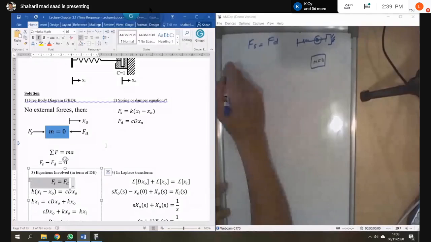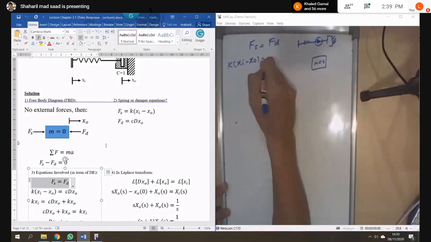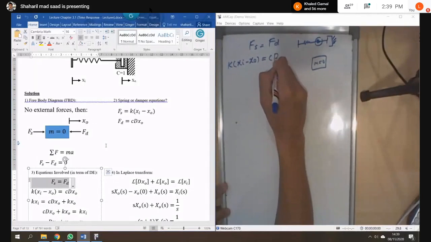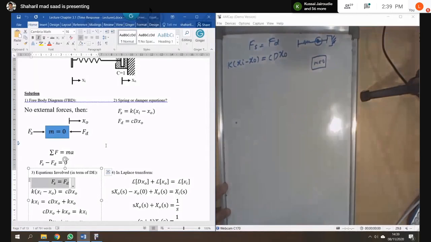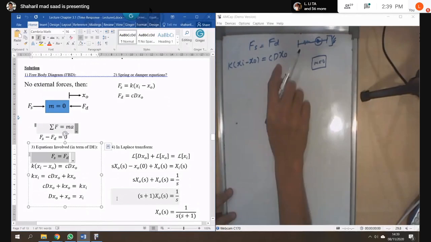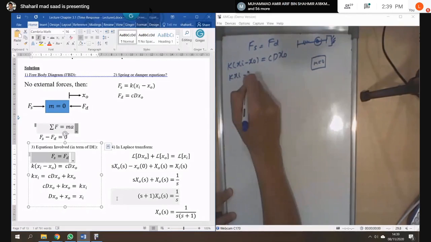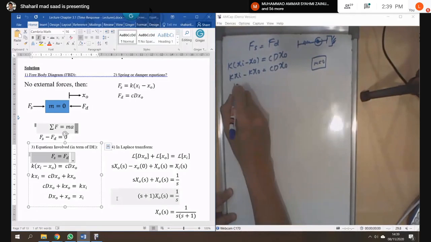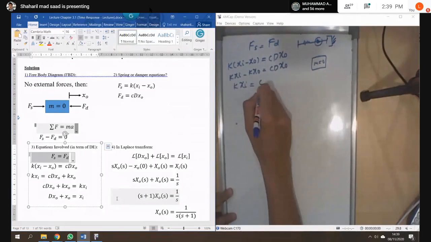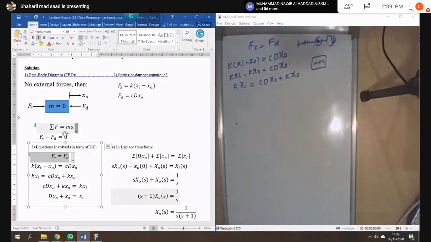Fs plus Fd, now you get is K(xi minus x naught). This one, Fd, is C dx naught, because one end is free and one is rigid. Now bring this one to the left: K xi minus K x naught equals C dx naught. K xi equals C dx naught plus K x naught.